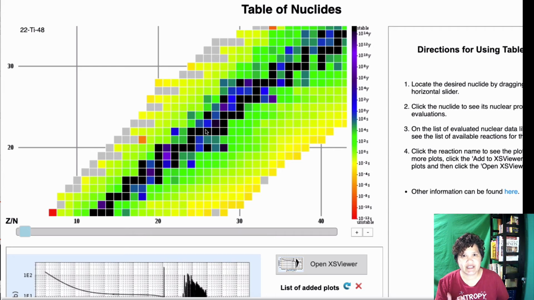So the isotope will decay in whatever way it can to get to that band of stability. And it will do it generally in the most efficient way to get there. Not everything can decay and become stable with just one radioactive decay. Sometimes you'll need 2 or 3 decays, and it's not going to go away from the band of stability and then back to the band of stability.